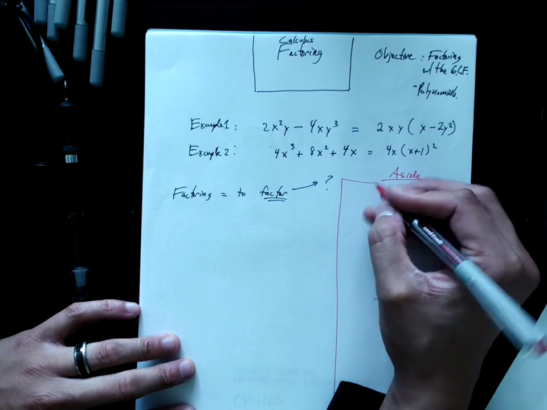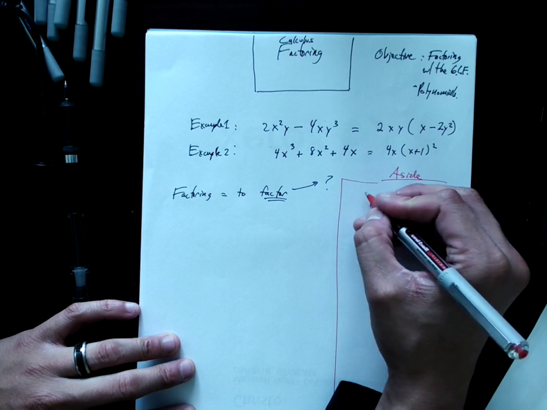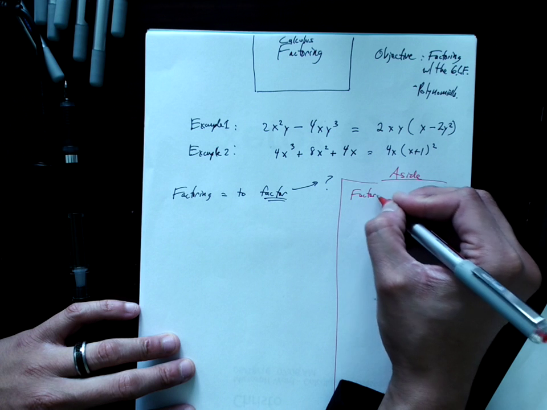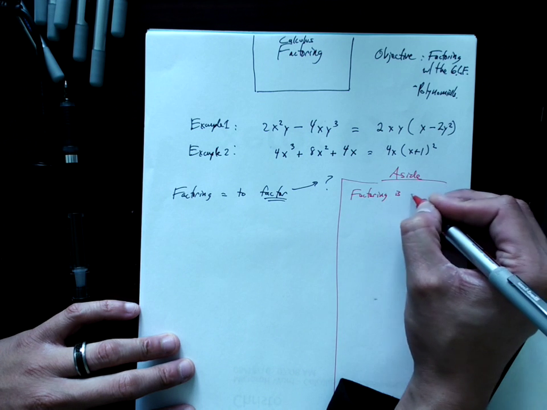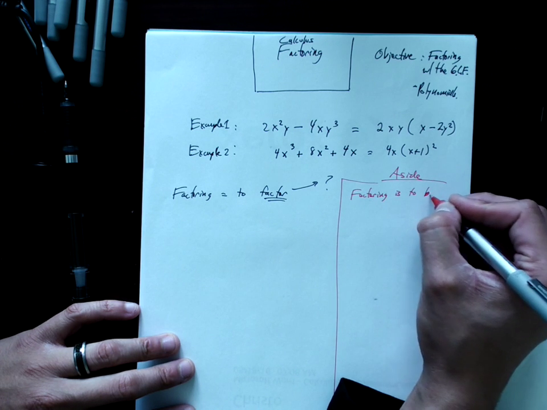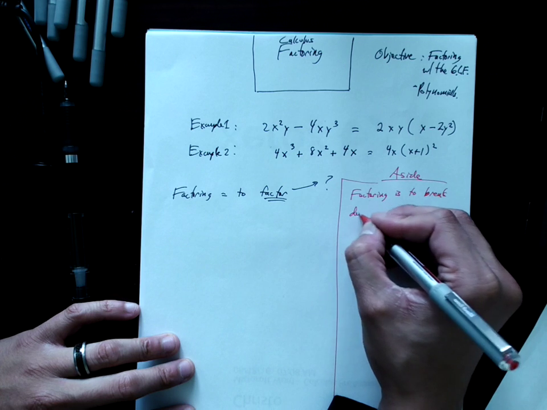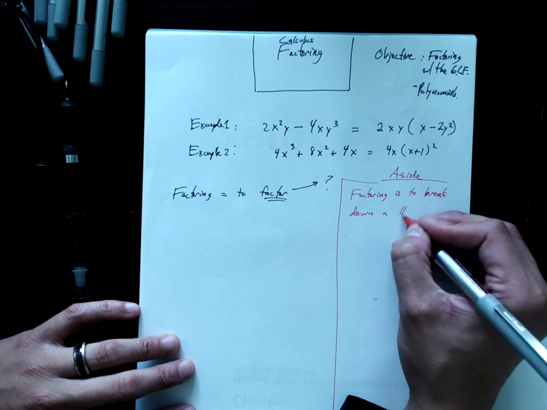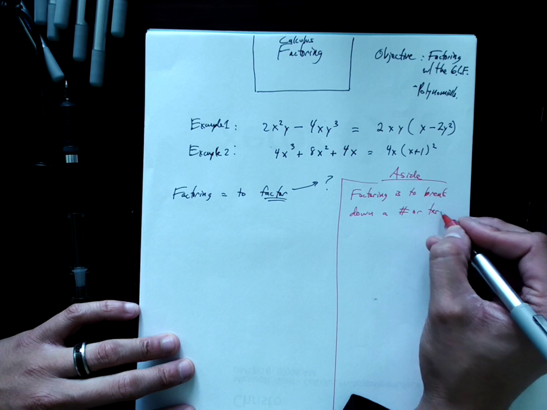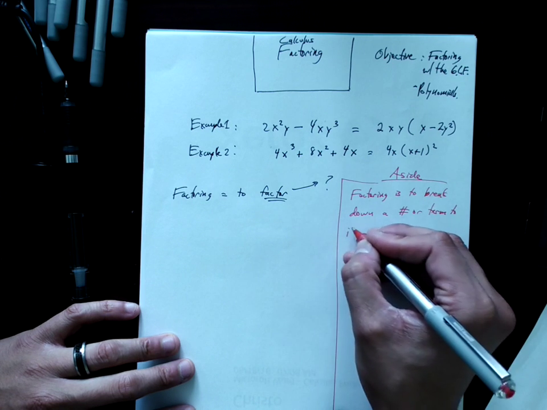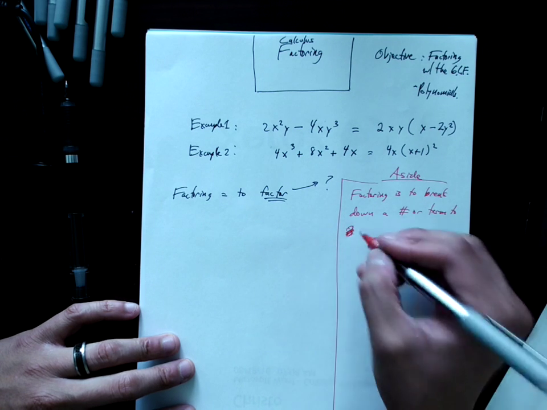Basically, factoring is to break down a number or a term into multiplication.